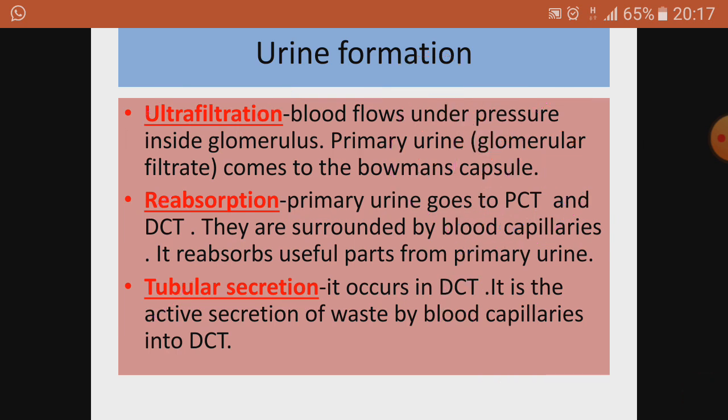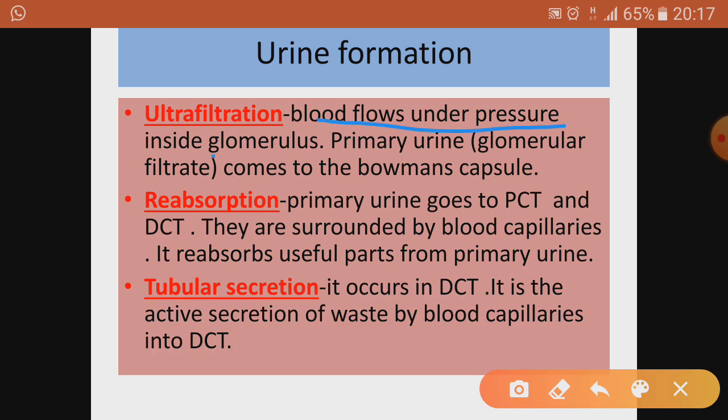The blood flows under pressure in the glomerulus. Glomerulus is a network of blood capillaries. Then primary urine comes to the Bowman's capsule. It means the urine is not fully formed, it's primary urine. So by the process of ultrafiltration, primary urine is formed, and it comes to the Bowman's capsule, the cup-like structure.